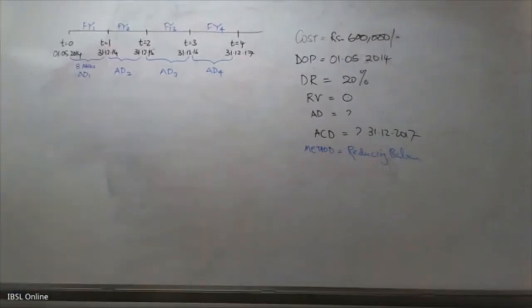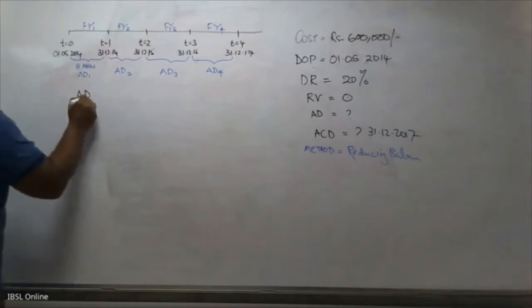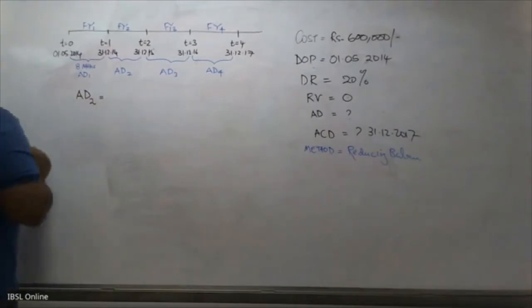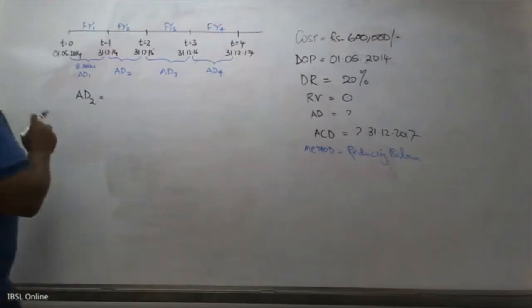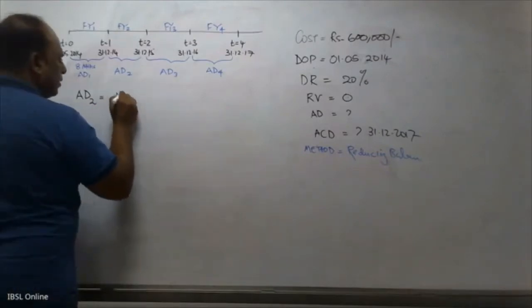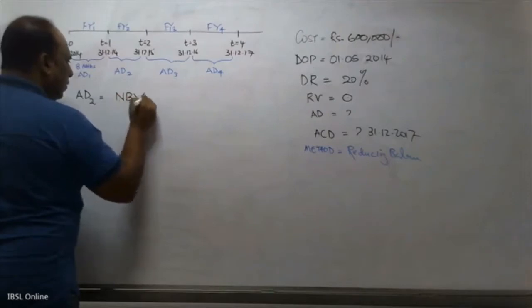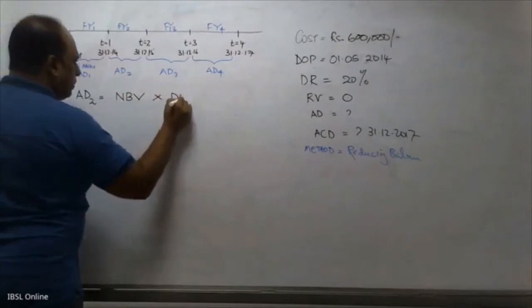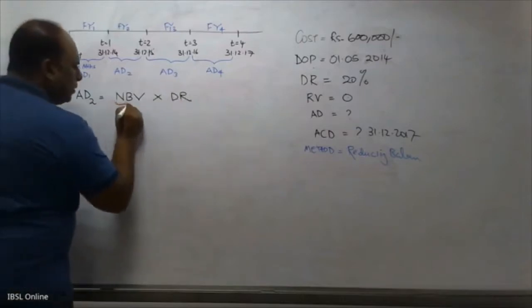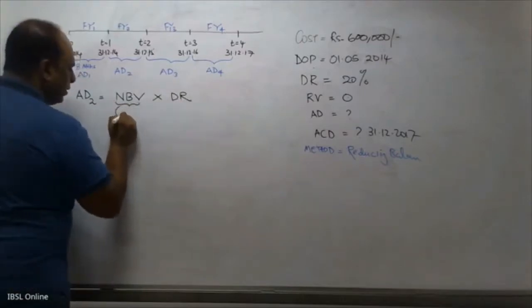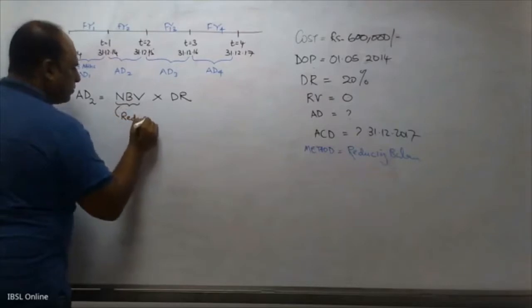The theory comes into play. That is, AD2 will be equivalent to not the traditional cost minus residual value into the depreciation rate. They talk about something known as the net book value into the depreciation rate. What do you mean by this net book value? That is known as the reducing balance.